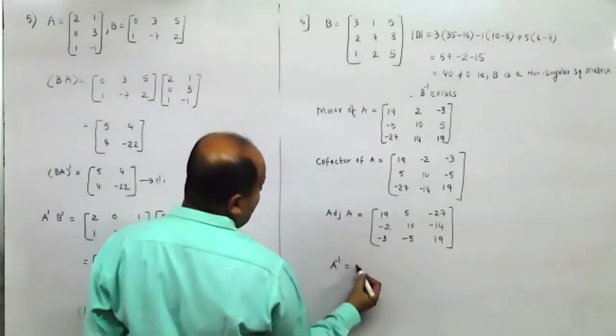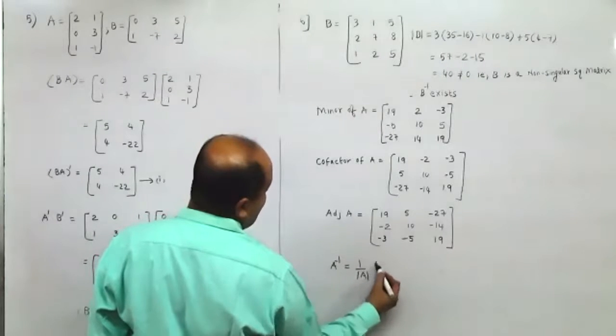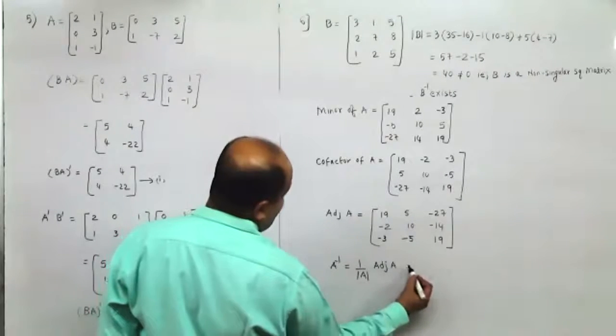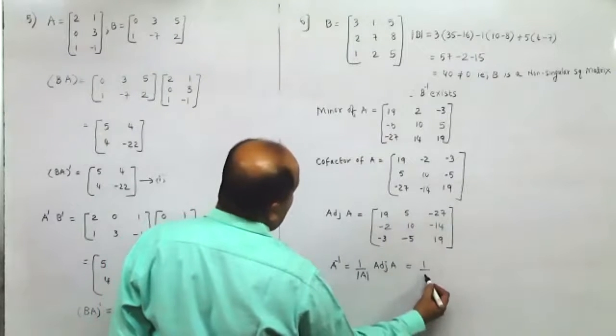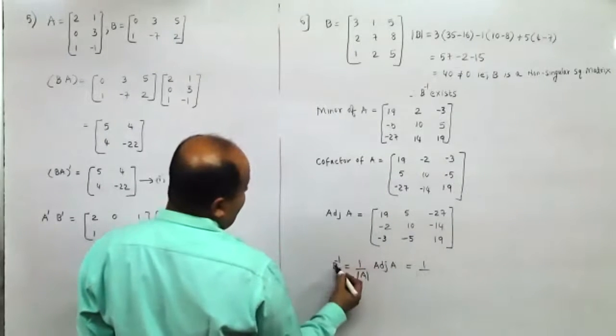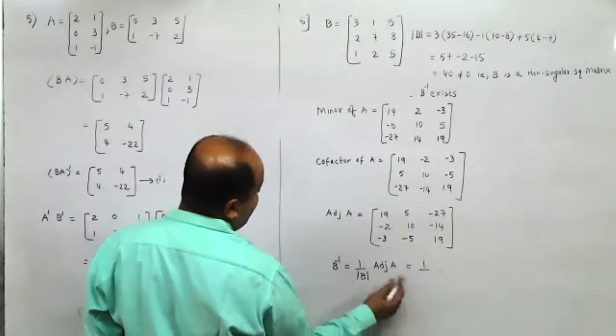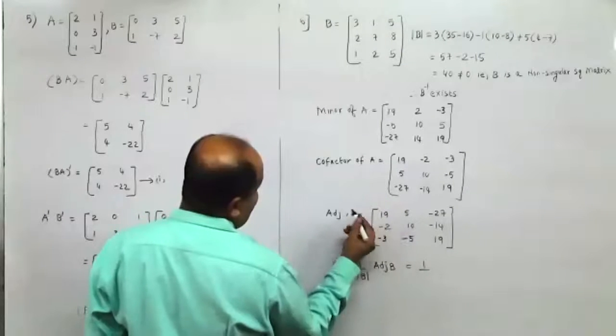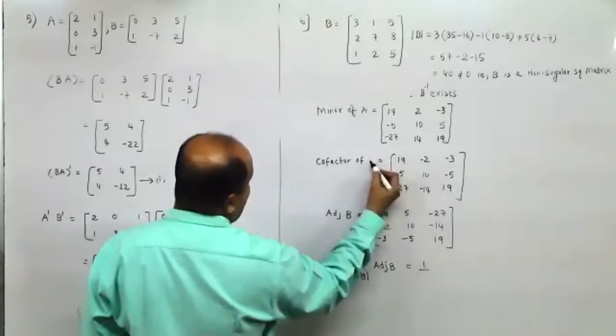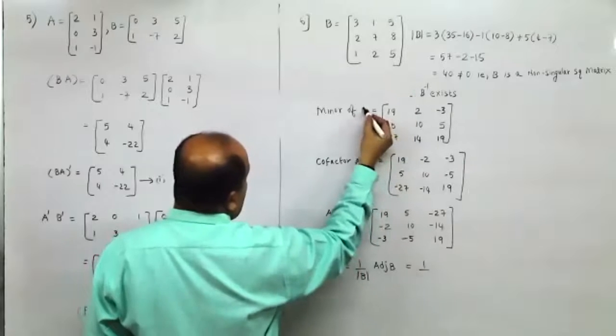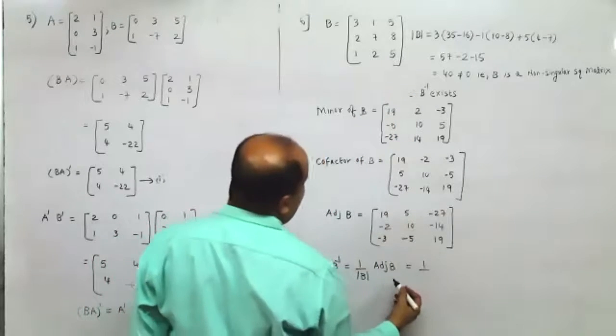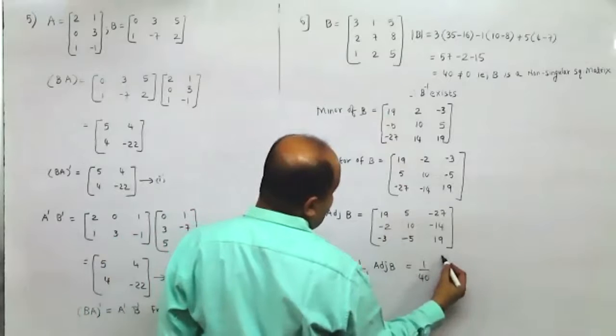It is 1 upon determinant value of A into adjoint of A. Or in fact, it should have been B inverse. This should have been adjoint of B. I made a mistake here. It should have all been B. So this would be what? 1 upon 40 into this.